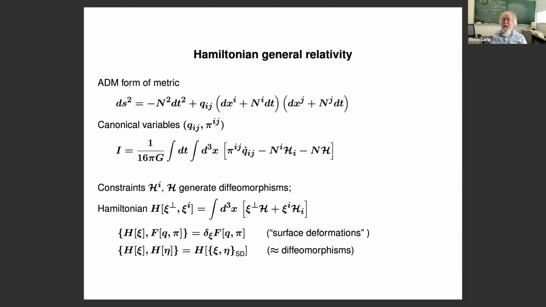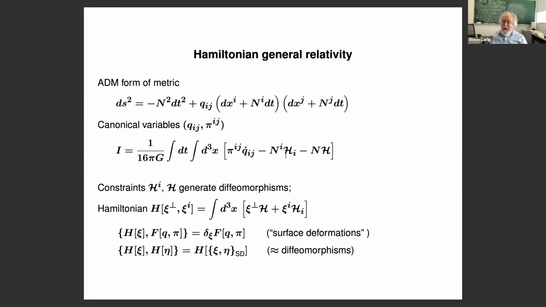Those are the generators of diffeomorphisms of the spatial slice at constant time. And together, they generate what are essentially the diffeomorphisms. So this is a constraint system, and as usual in a constraint system, the constraints generate the symmetries.